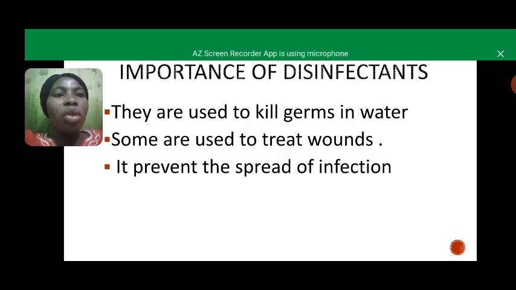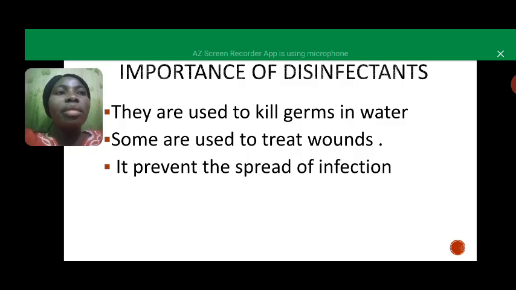If you have a cut on your skin or on any part of your body, TCP can be used to treat the wounds. Okay? Then disinfectants prevent the spread of infection. Now you add Dettol to your bathing water so as to prevent infection, so as to make the water clean.